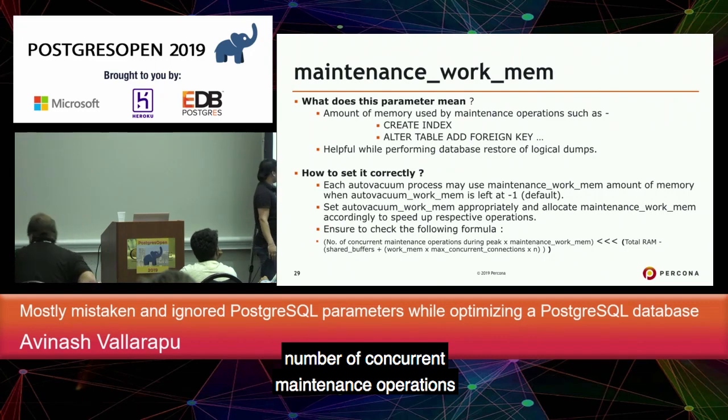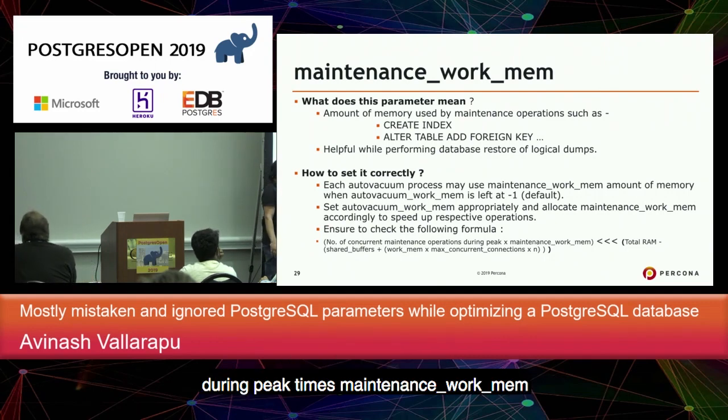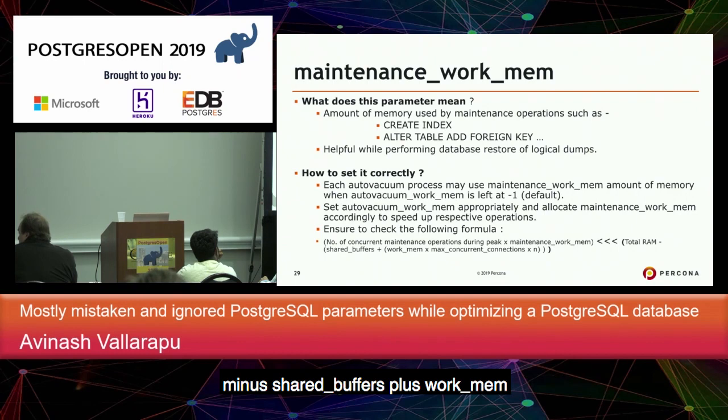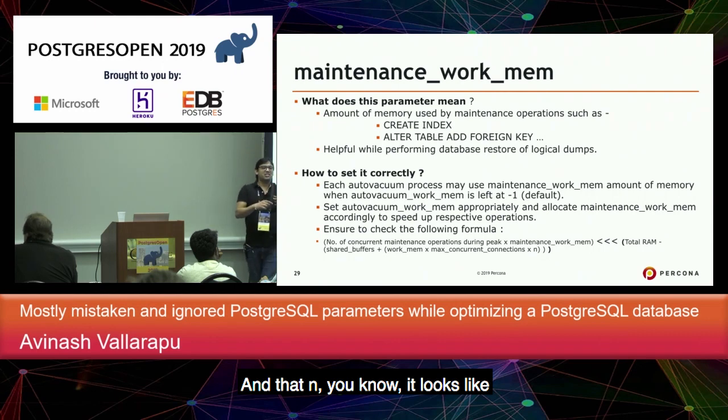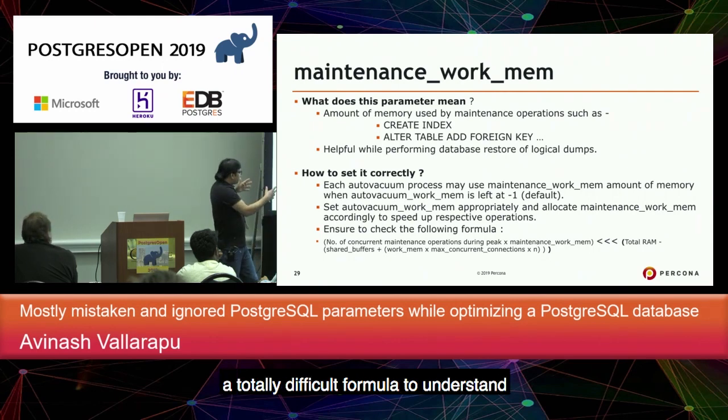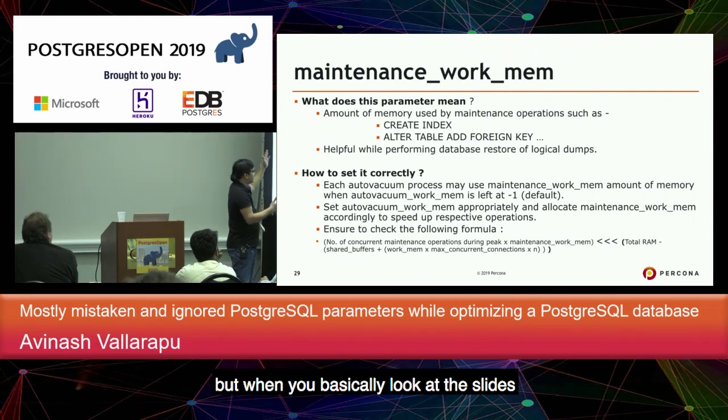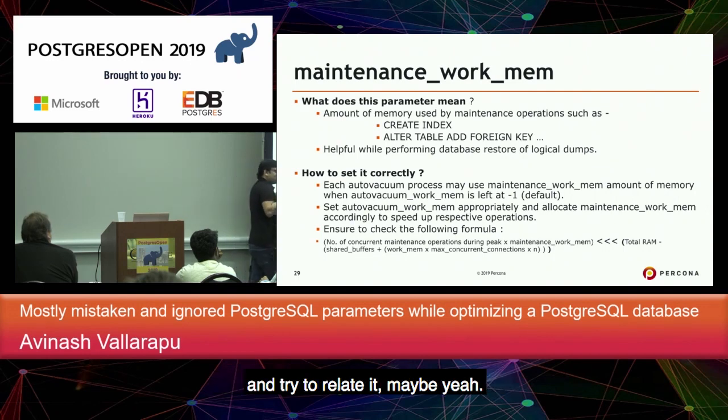Number of concurrent maintenance operations during peak times times maintenance_work_mem should be very much less than total RAM minus shared_buffers plus work_mem times max concurrent connections times n. And that n, it looks like a totally difficult formula to understand, but when you look at the slides and try to relate it, maybe, yeah.